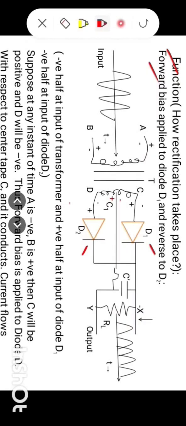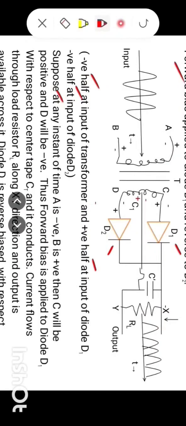The situation is when negative half at input of transformer and positive half at input of diode D1 and negative half at input of diode D2. Suppose at any instant of time A is negative, B is positive, then C will be positive and D will be negative.